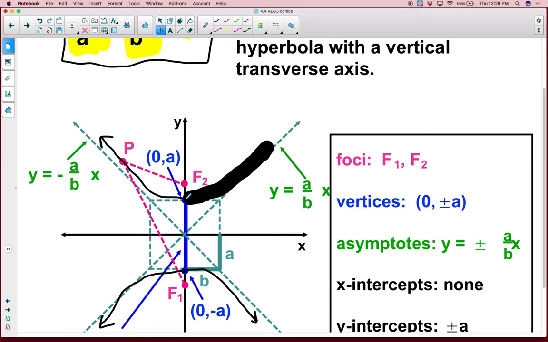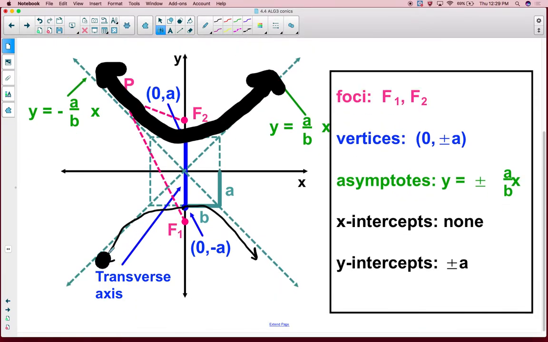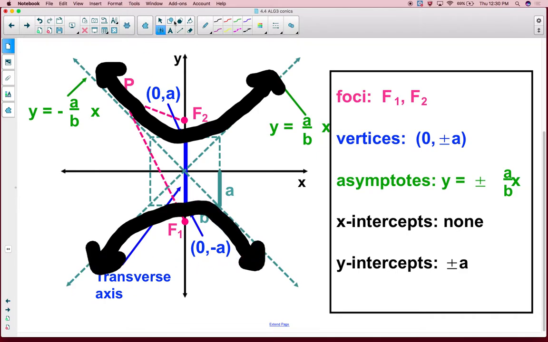Wow, that's a little too thick, but that's okay. It kind of covers my terrible graph now. Okay, so these are my two branches, and let's take a look at what we have.